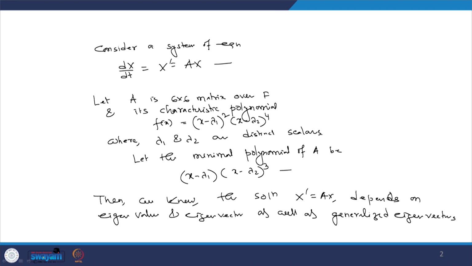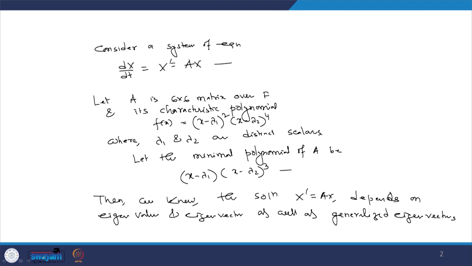Since the matrix is 6 by 6, we have already obtained 2 linearly independent eigenvectors associated to lambda 1 and 2 linearly independent eigenvectors associated to lambda 2. So, still we need 2 more.